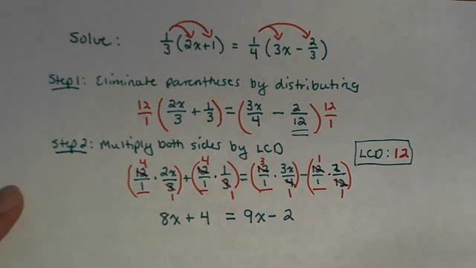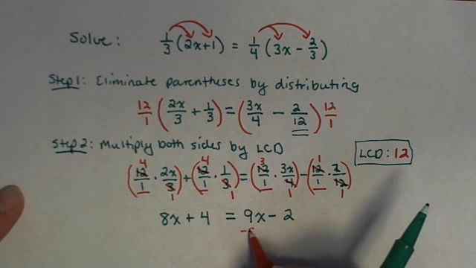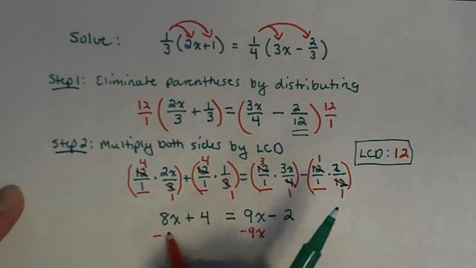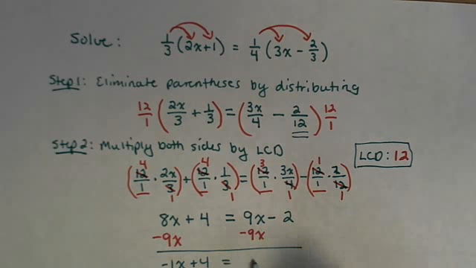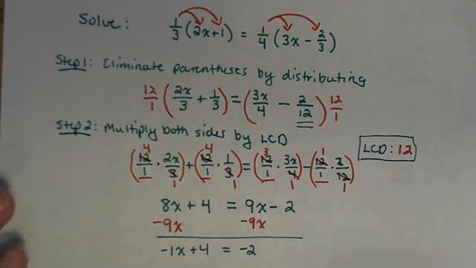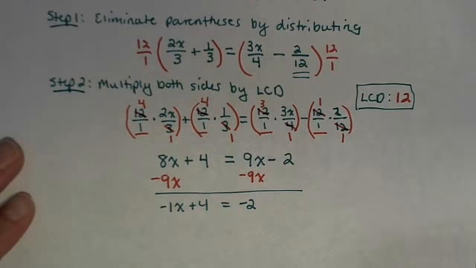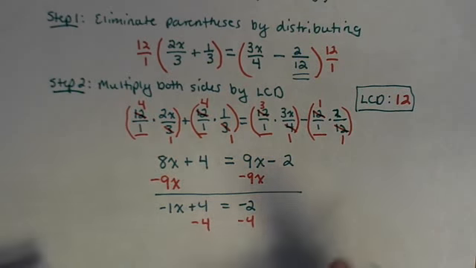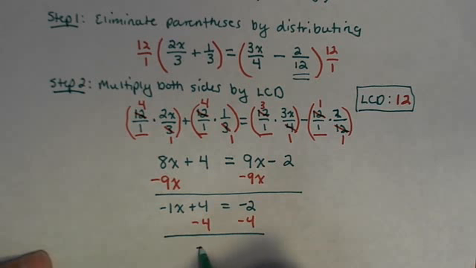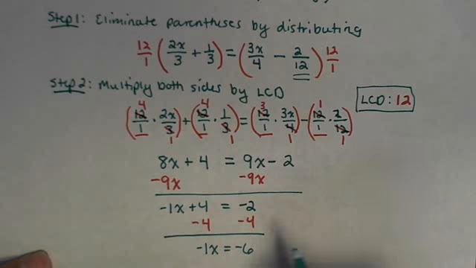So many of you like to have the variable on the left-hand side, so I'm going to go ahead and solve it that way this time. So I'm going to subtract 9x from both sides. That's going to give me a negative 1x plus 4 is equal to negative 2. Now to solve, subtract 4 from both sides, and we get negative 1x is equal to negative 6.